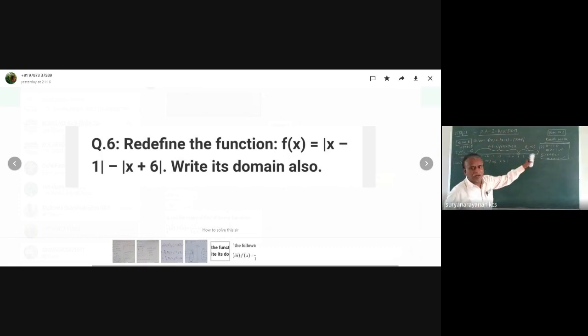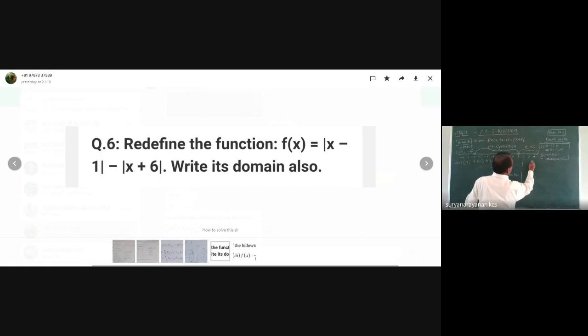X values are greater than 1. So, in this case, let us find x minus 1. x minus 1 is greater than 1 minus 1, so x minus 1 is greater than 0. This implies x minus 1 is positive. This implies mod x minus 1 is equal to x minus 1 only.